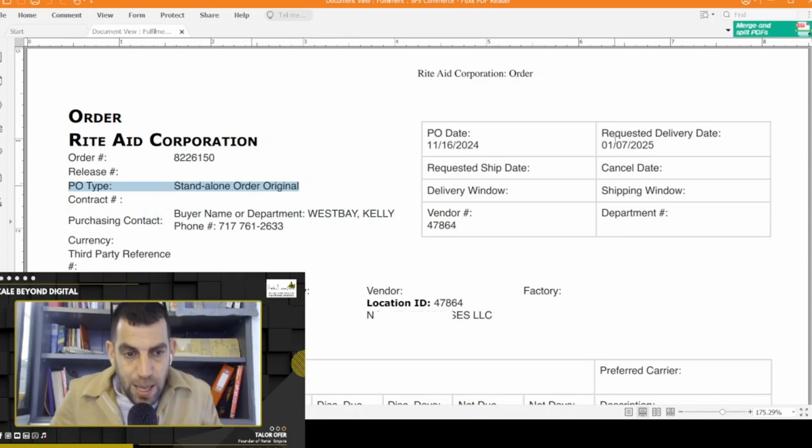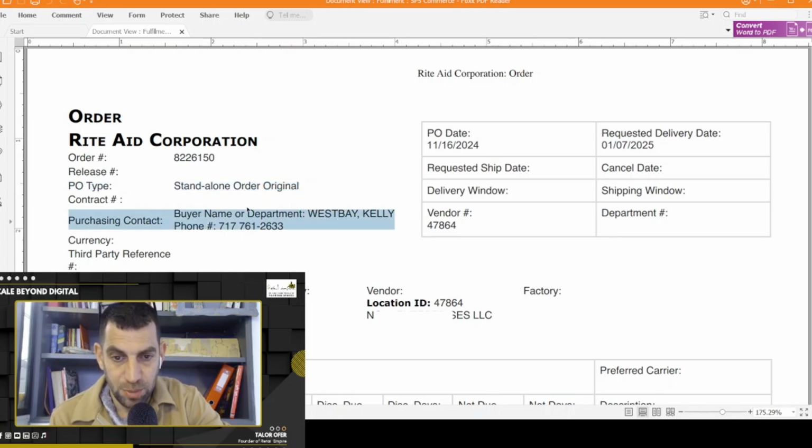If it was a blanket order, then you would see a few more dates right here, 4, 5, 6 of them, whatever the retailer wants to order. That means you would see here January 7 and then March 18 and then June 20 and so on and so on. But that's not the case because it's a standalone. They don't know if they want to order after these 4 purchase orders. The buyer name or the partner is Westbay Kelly.